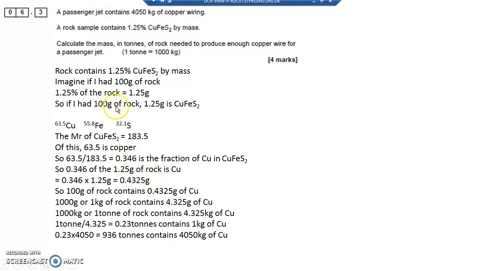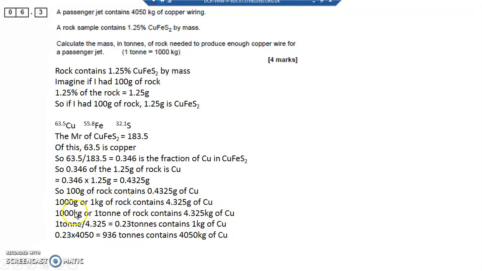Out of 100 grams of rock is copper. So out of every 100 grams of rock, I'll get 0.4325 grams of copper. I'm going to multiply it up by 10. So 100 grams of rock contains 0.4325 grams of copper. Multiply it all up by 10. 1,000 grams, which is a kilogram, of rock contains 4.325 grams of copper.